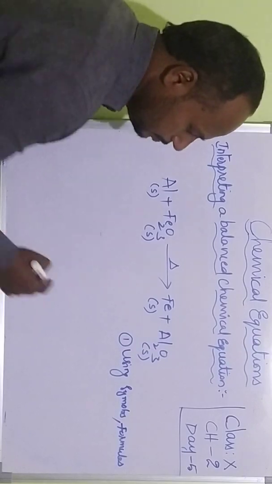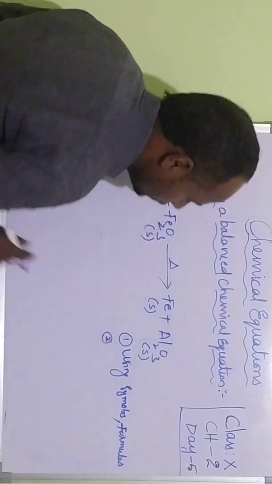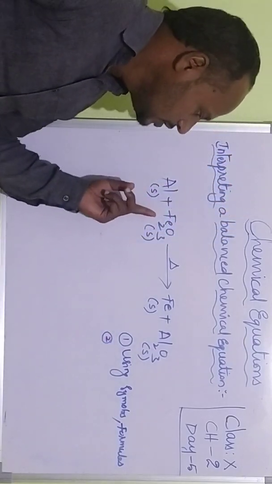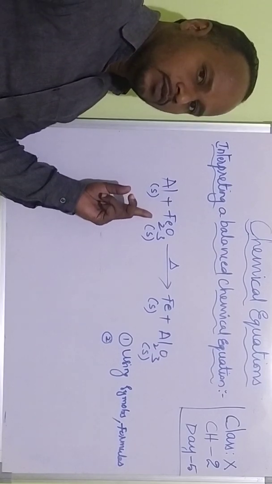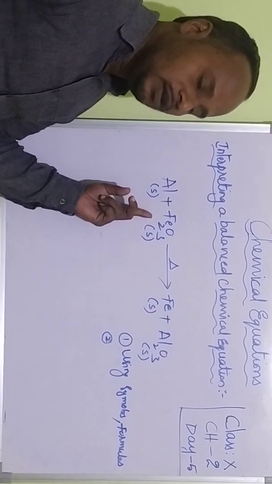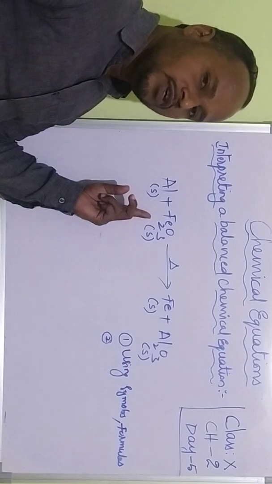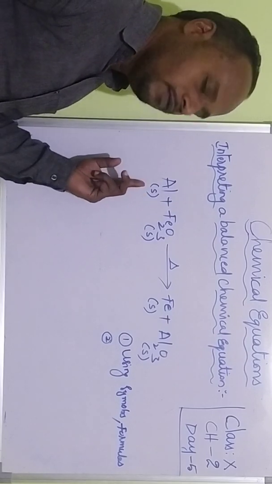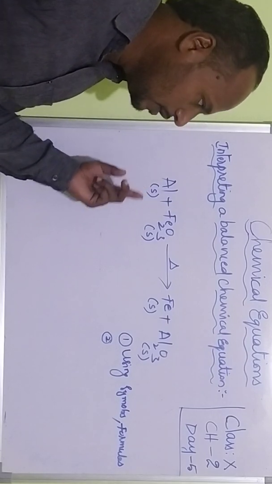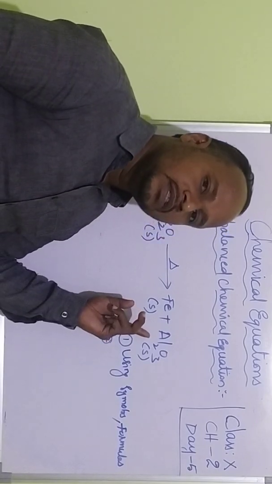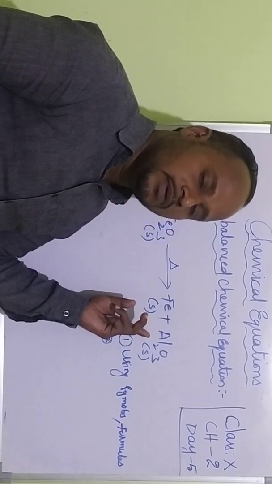In the second one, this is a fixed compound, right? So that means a fixed ratio of molecules is present in this. Here one element is different. Here the fixed ratio of molecules is present in this.